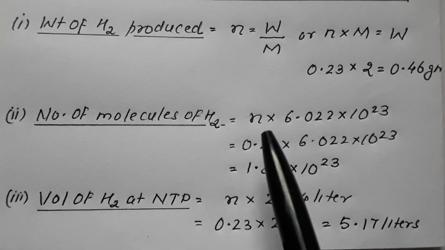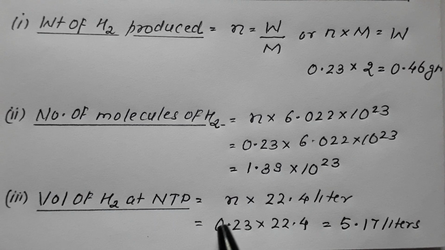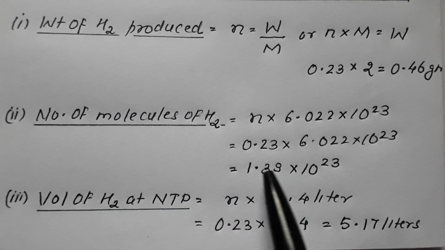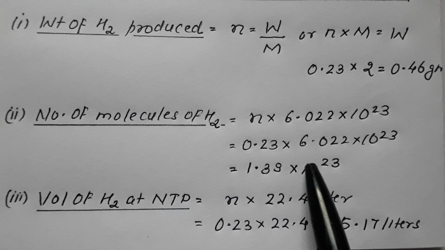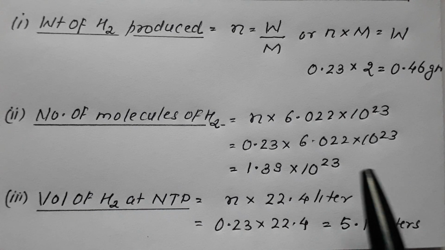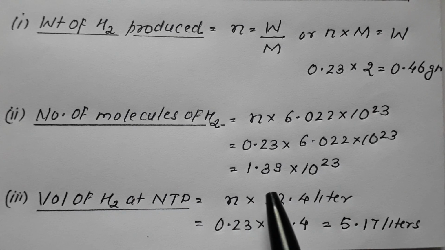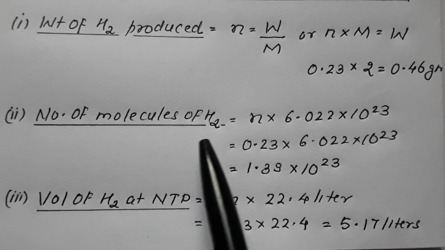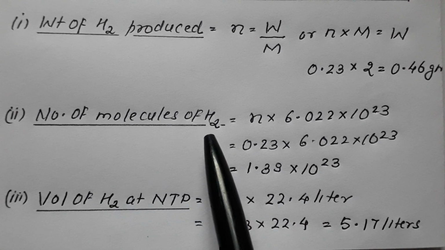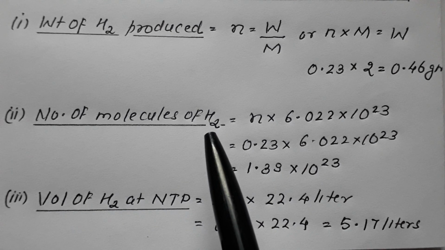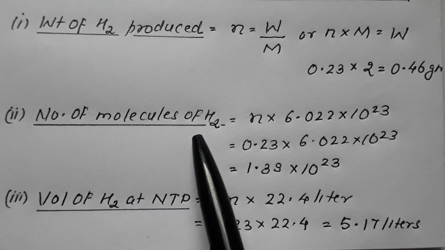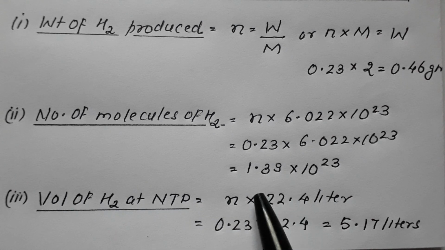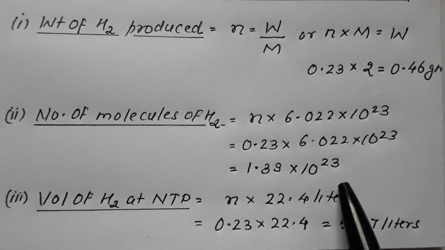It is equal to N into Avogadro's number. The value of N is 0.23, Avogadro's number is 6.022 10 raised to 23, and the value comes to be 1.39 10 raised to 23. This is the number of hydrogen molecules produced by the reaction of 15 grams zinc with excess of H2SO4.